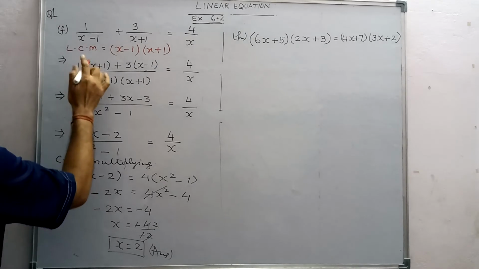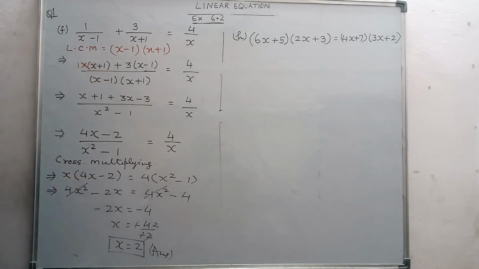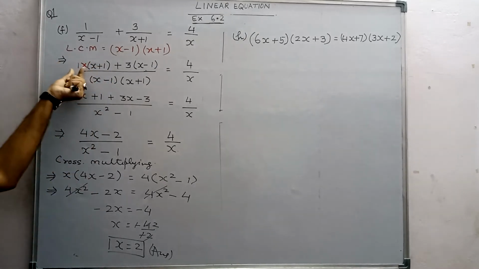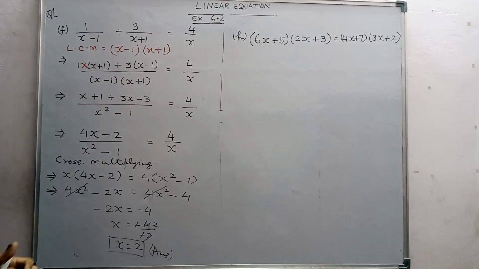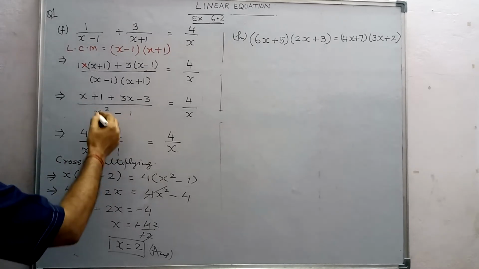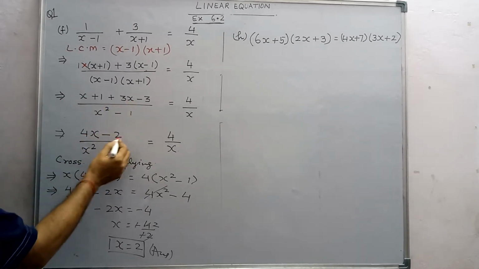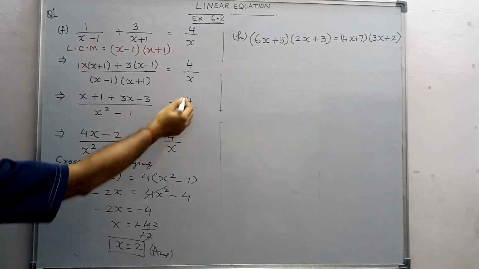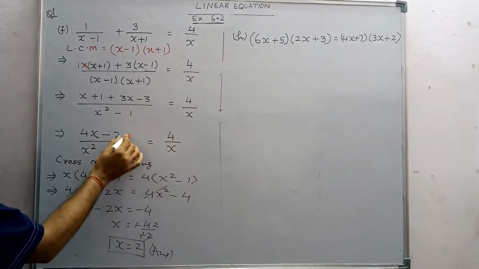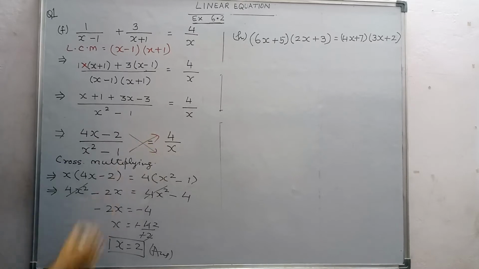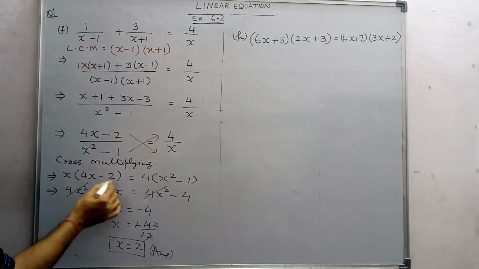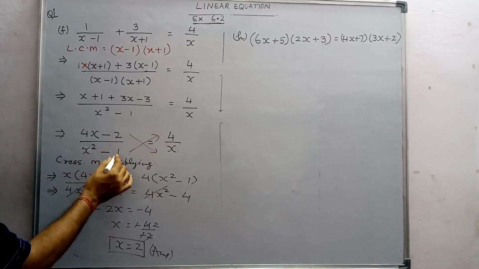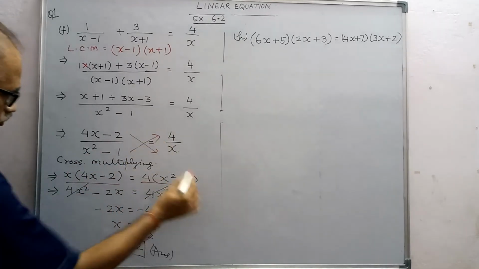If you simplify, you will get 3x minus 3, and on solving, you will get 4x minus 2 over x square minus 1, and here 4 upon x. Now you cross multiply, this multiplied by this and this multiplied by this. So when you cross multiply, you get x into 4x minus 2, and x square minus 1 multiplied by 4, so 4 into x square minus 1.